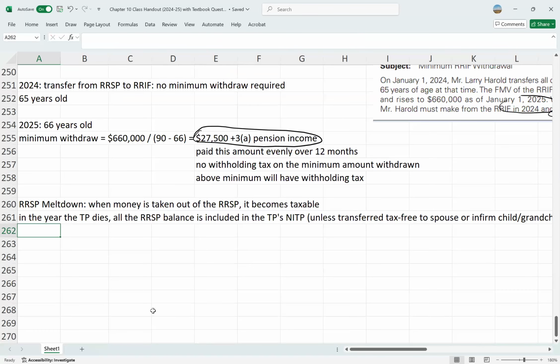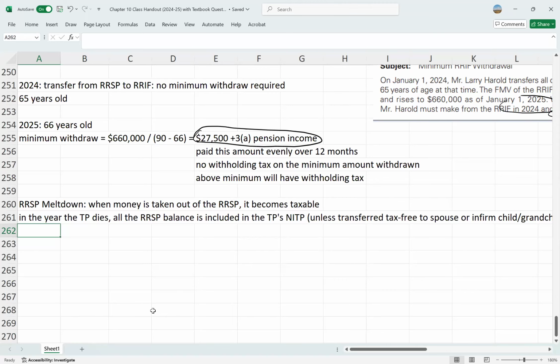So what do we mean by this concept of RRSP meltdown? When money comes out of an RRSP, it all becomes taxable. In the year a taxpayer dies, all of the RRSP is added to the taxpayer's net income. Unless they have a spouse or common-law partner, then it can be transferred tax-free to their spouse or common-law partner or any financially dependent or infirm children or grandchildren.